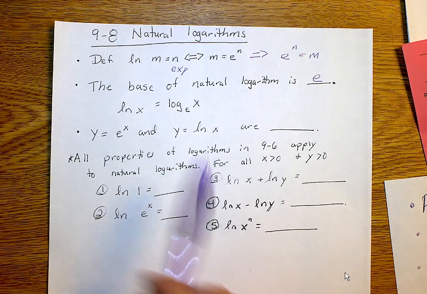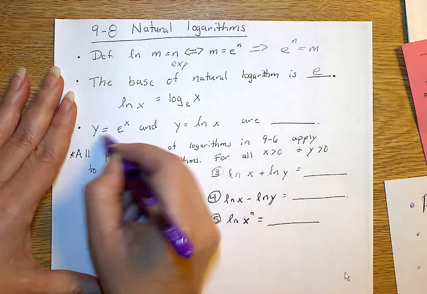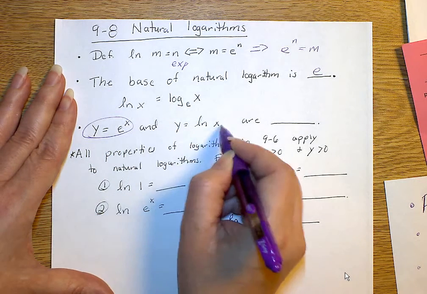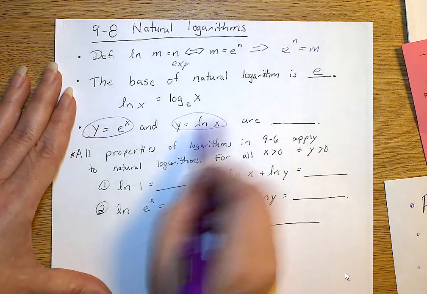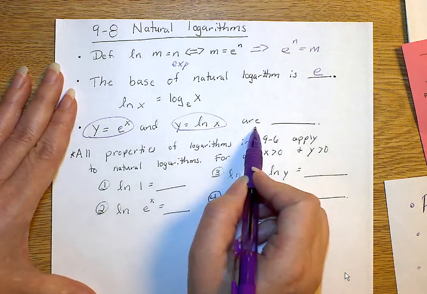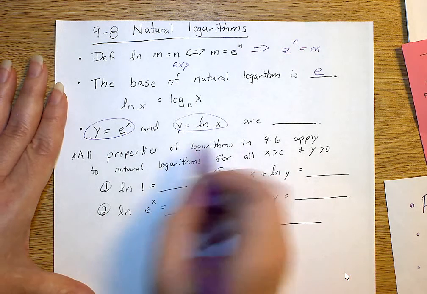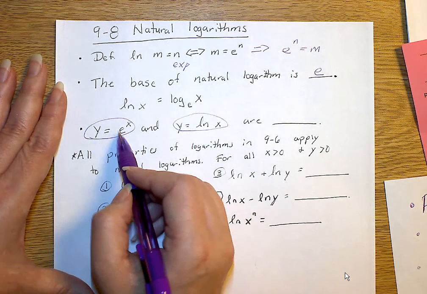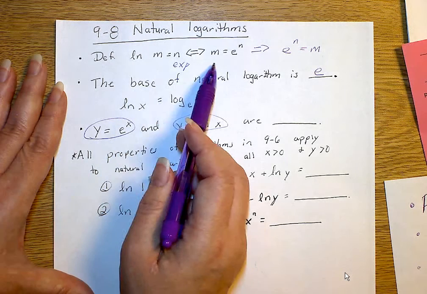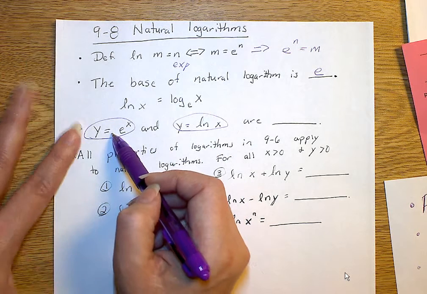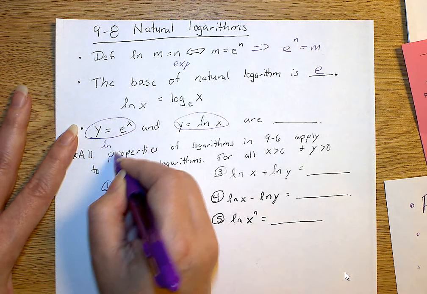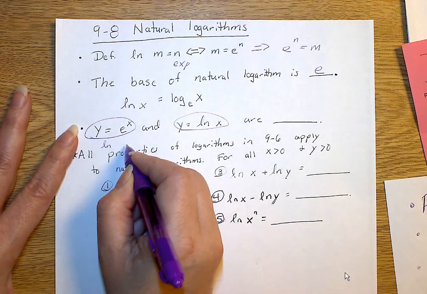Given these two things, y equals e to the x and y equals ln x, I want to know what these two are to each other. At this point, you might not be able to see what the answer is, so let's put this in logarithm form. In logarithm form, this would be ln, and logs are exponents.